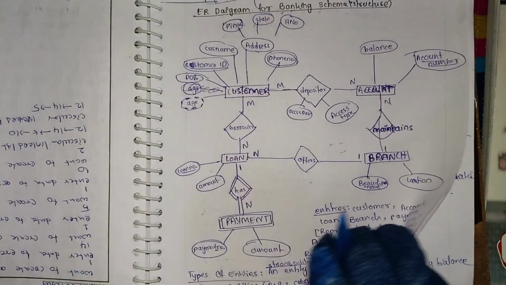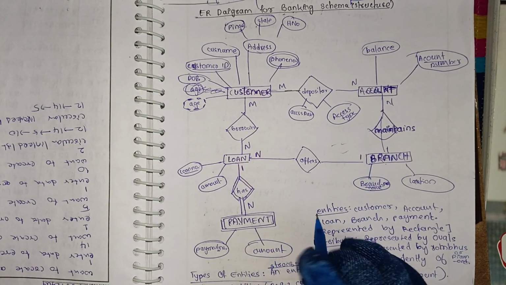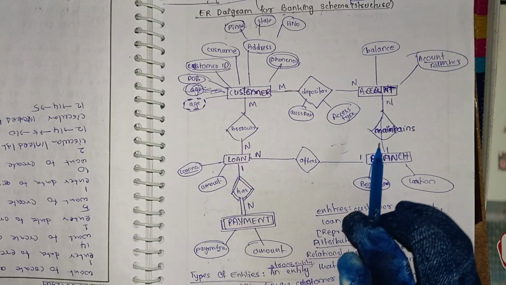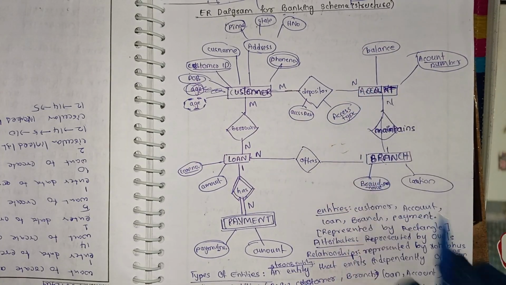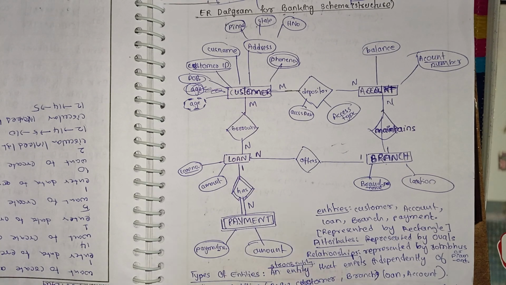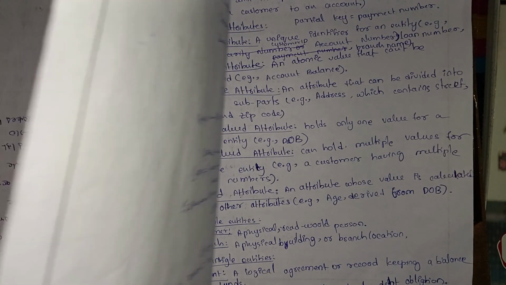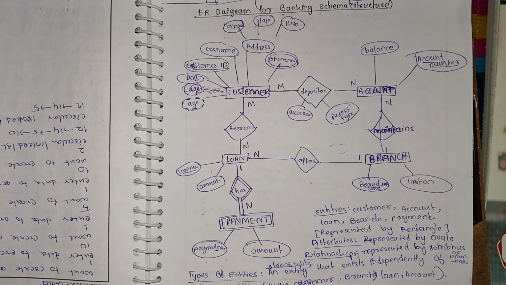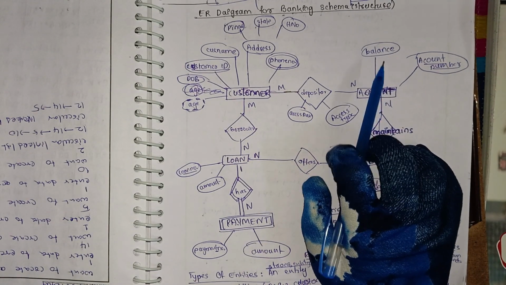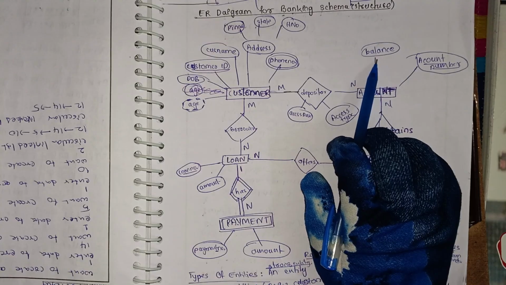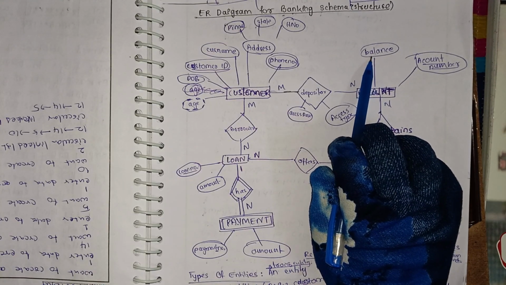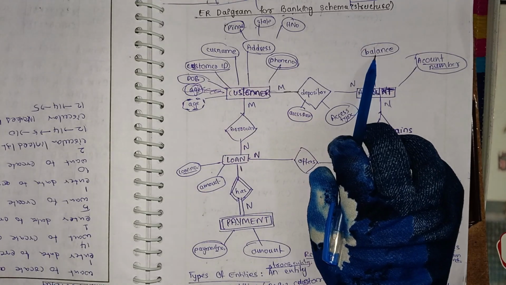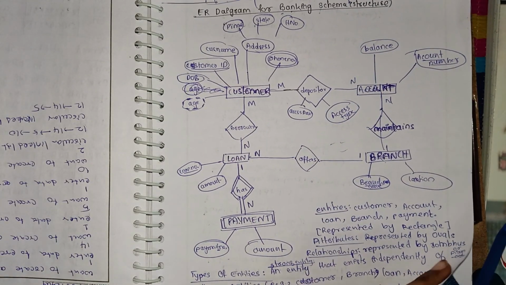Here the example is account balance, meaning for a specific account, the balance is only one. Not more than one value is there.